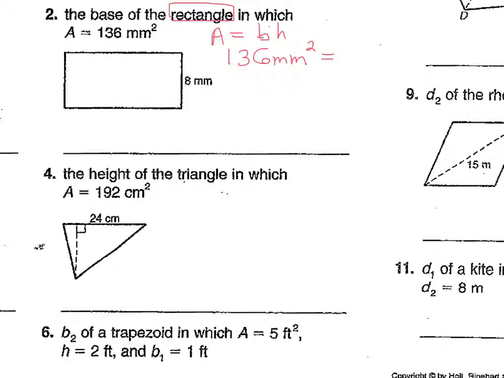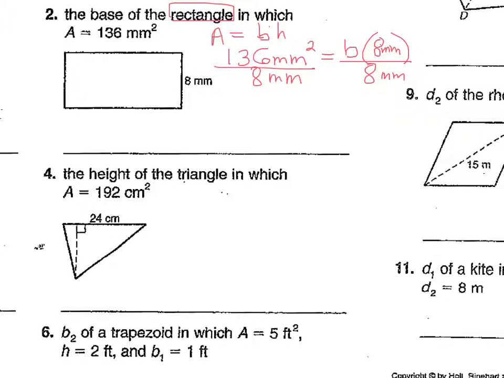And the base, we don't know the base, so it's B times the height, which is 8 millimeters. So since I want to leave the B by itself, in Algebra 1, you learn to do what? Divide, because it's multiplied by 8, you divide by 8. Good job, Anna. So it's 8.